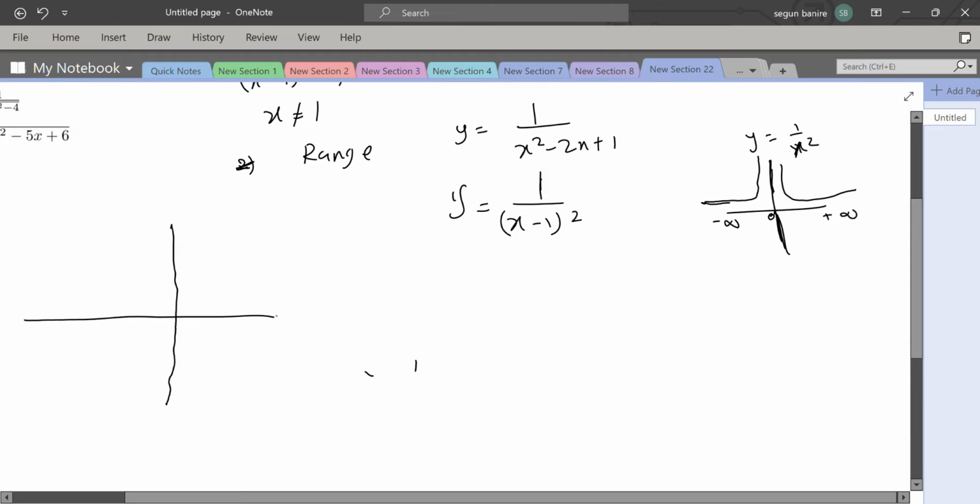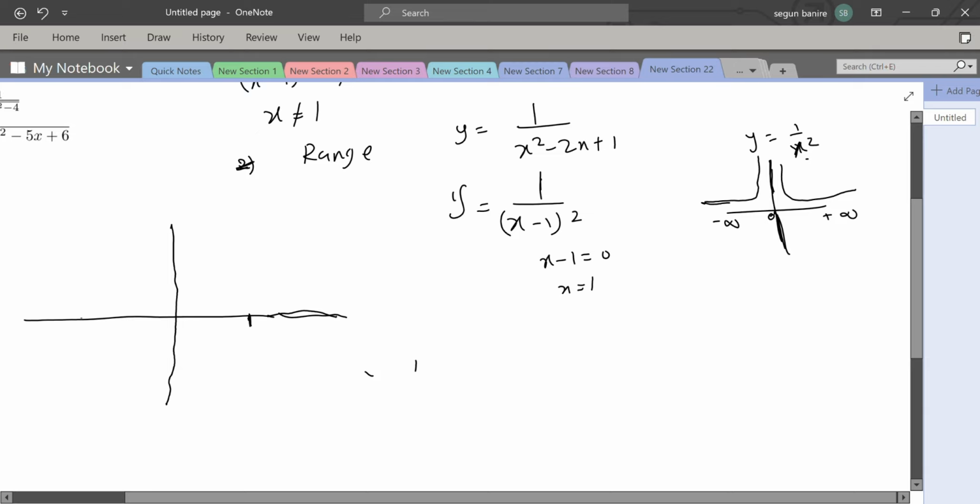But for this one, we approach 1, because you will have undefined at x minus 1 equals 0. So x equals 1. You get undefined at x equals 1, and that was what we defined in our domain. We said the function can't get to 1.